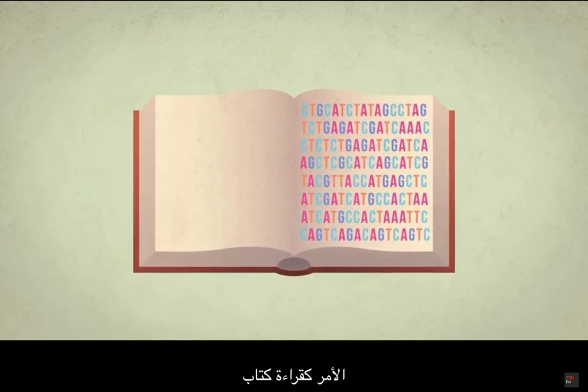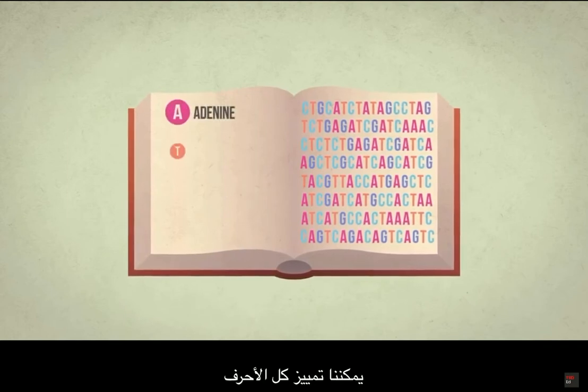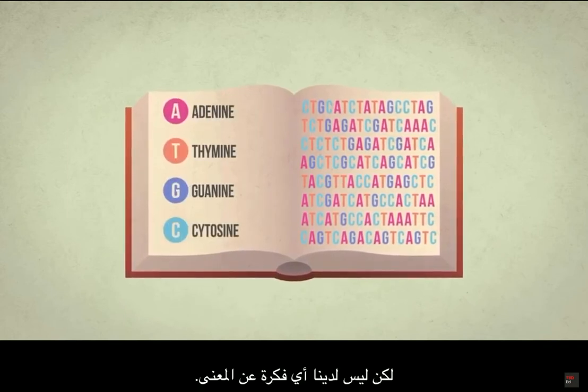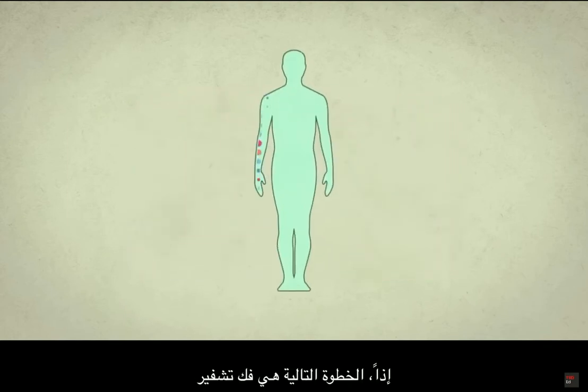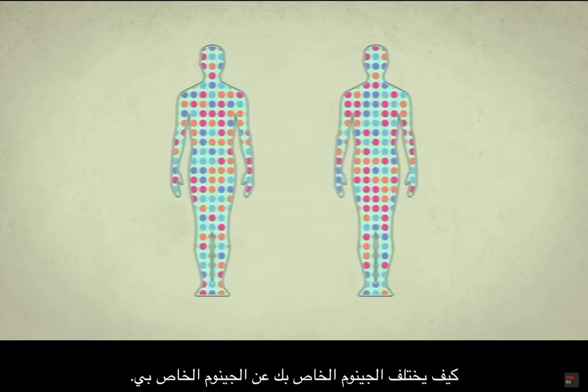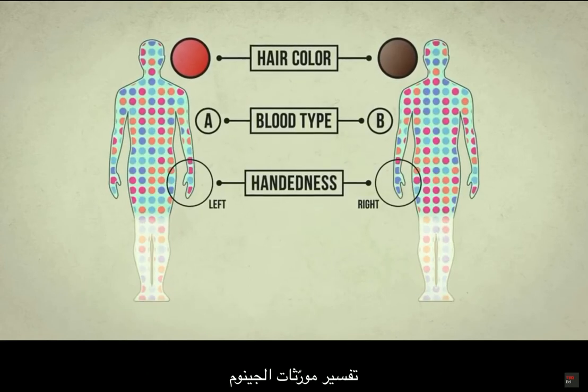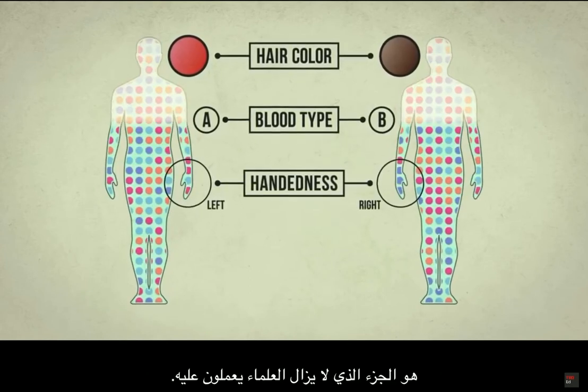Of course, just reading the letters in the genome doesn't tell us much. It's kind of like looking through a book written in a language you don't speak. You can recognize all the letters, but still have no idea what's going on. So the next step is to decipher what the sequence means, how your genome and my genome are different. Interpreting the genes of the genome is the part scientists are still working on.